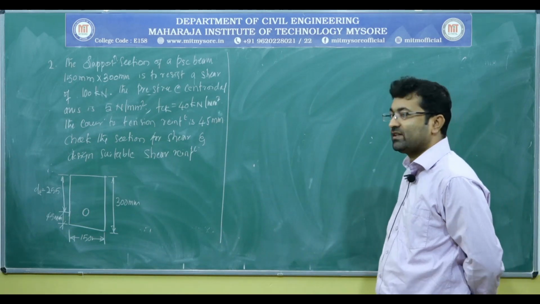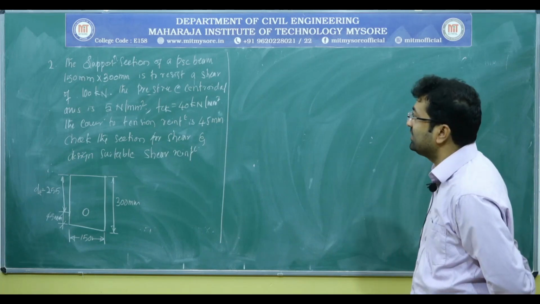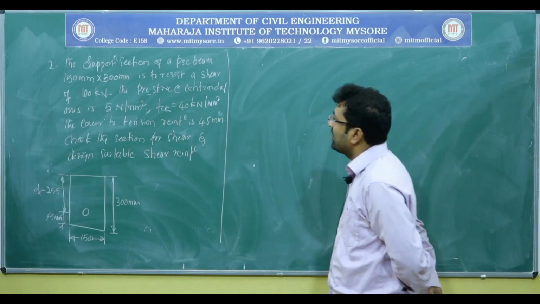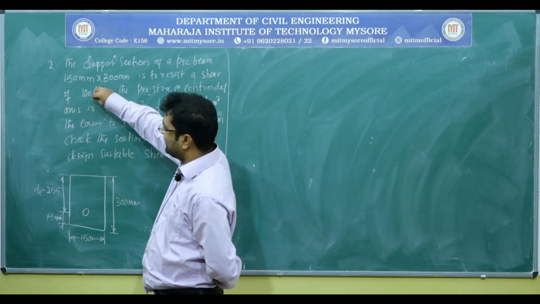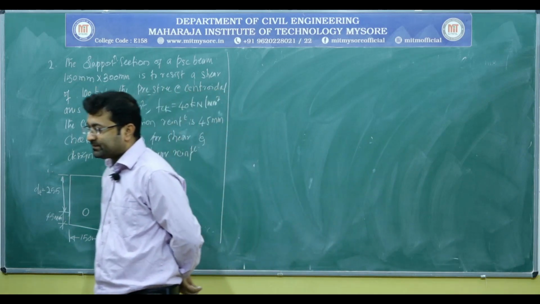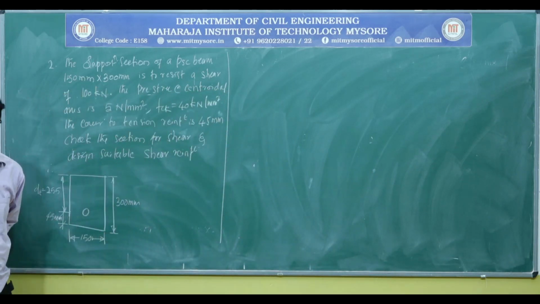As usual, again we have to calculate the ultimate shear resistance capacity of the section. Then we need to compare with the actual force which is acting here. The actual shear force acting on the section is about 100 kilonewton. So we need to work out the ultimate shear force acting at the section.